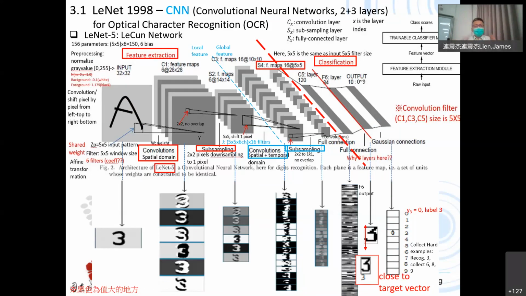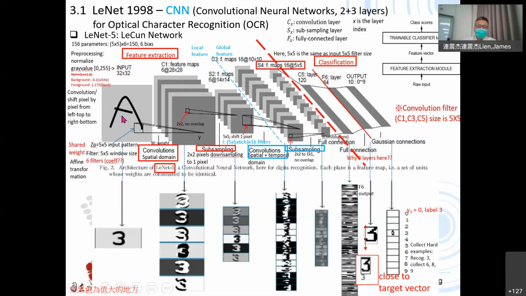So this is 0. So when you input 0, your output for 0 here will be 1. Other classes will be 0. That's labeling. So here we need to do the labeling.